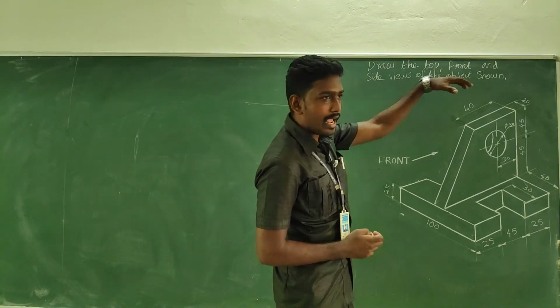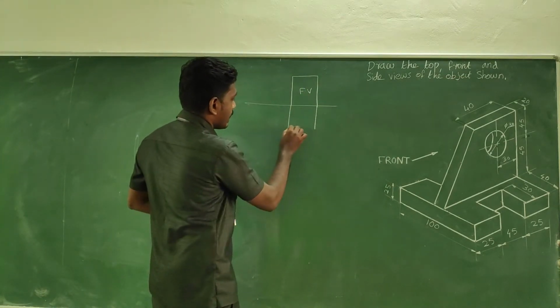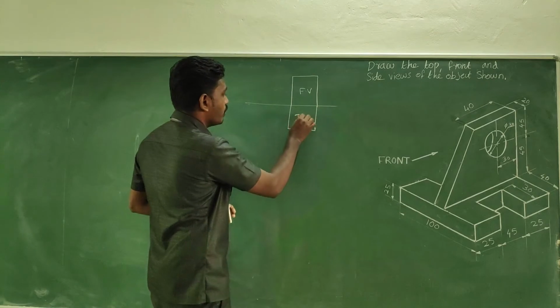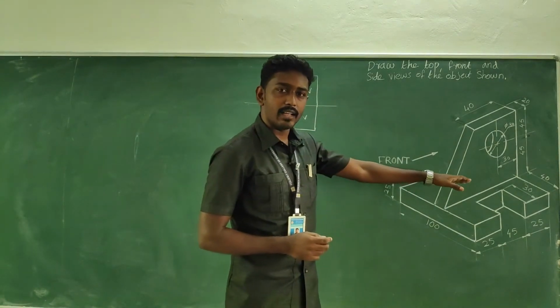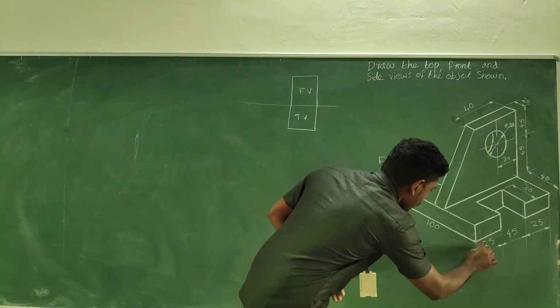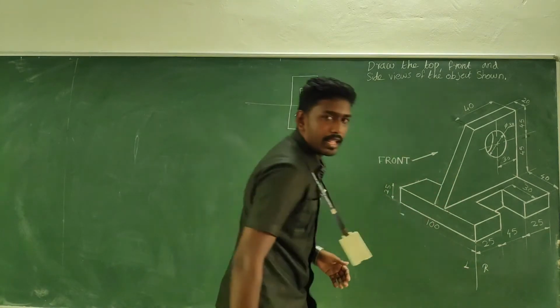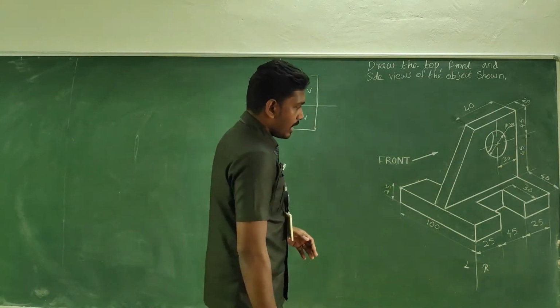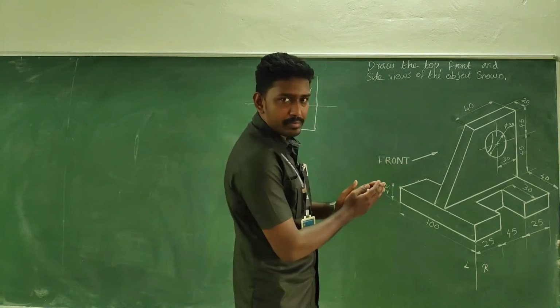So here we are going to take the projection of the top view too. And see, what about the side views? If you divide this diagram, this is the left and this is the right. Just put your sight and try to capture it.